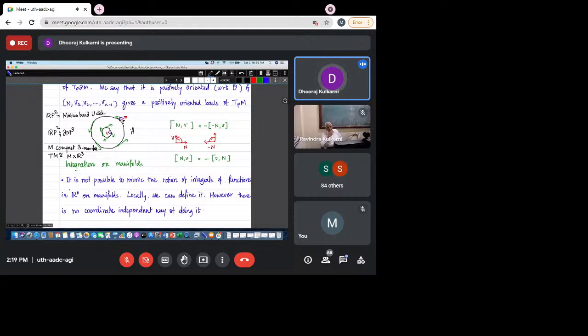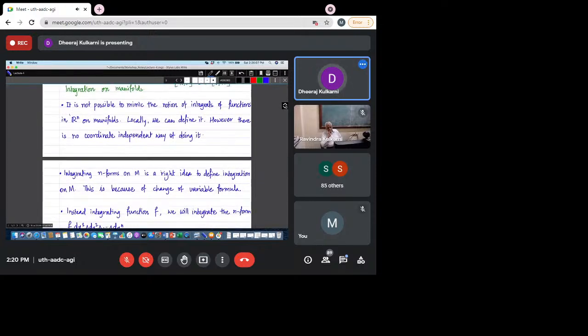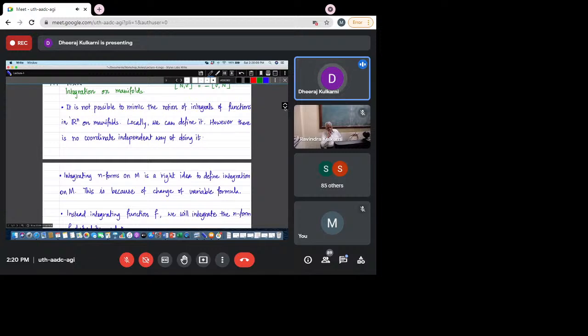For example, if I have a compactly supported function just within a chart, the coordinate change does not keep the function invariant, because as soon as you enter another chart, the function may be zero, who knows, right? So instead of functions, we look at integrating n forms.